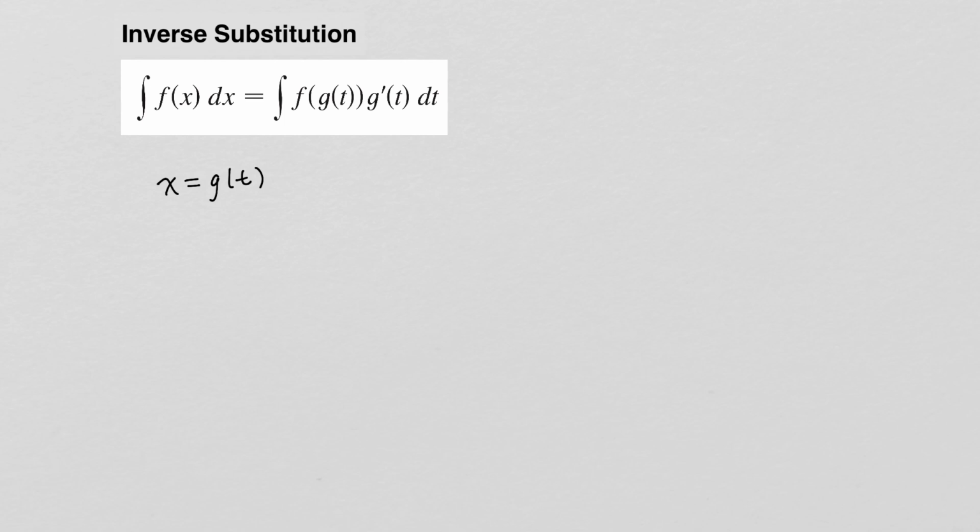And if x is equal to g of t, then dx would be equal to g prime of t times dt. And you can see if we substitute g of t in for x and g prime of t times dt in for dx, we get this integral.